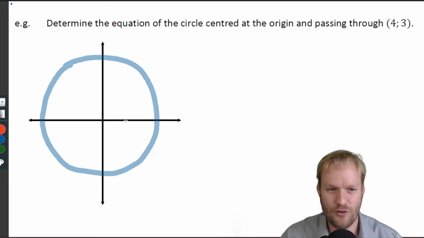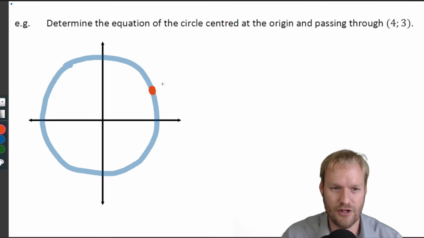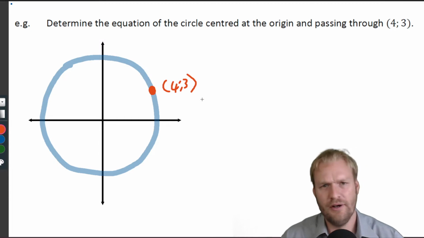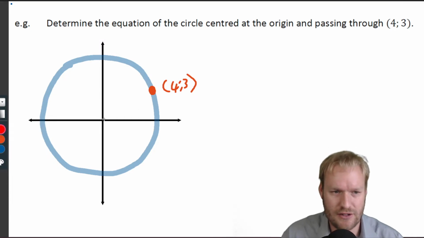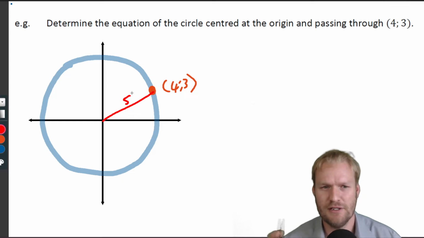So 4, 3 probably looks like it's that point over there. So at that point, we've got 4, 3. Now I think that the distance that that point is from the origin looks like it's about 5.